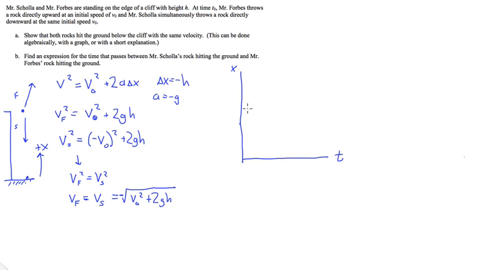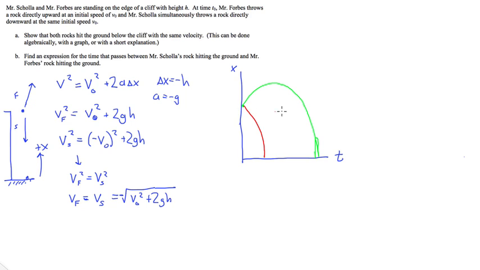His is going to start here, go up like this, then arc down and hit the ground. Now Scholl's rock, I'll do in red. Scholl's rock is going to start off going down and then do that.